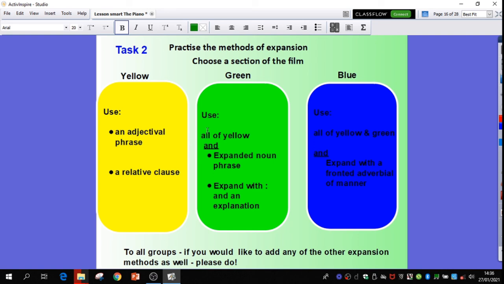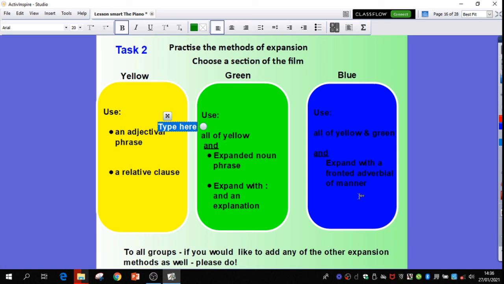Green group, I want you to write four sentences. I want you to do all of yellow, and I want you also to do an expanded noun phrase sentence and a sentence that has a colon and an explanation in it. And then blue group, I would like you to do all of yellow, all of green, but also I want you to expand your sentence with a fronted adverbial of manner.